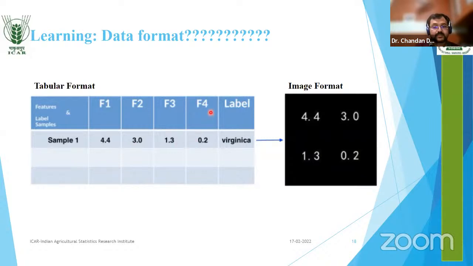So if we think of the classification technique, that is supervised learning, here the last column is used for supervision. That means if we have the column names F1 to F4, and these have values like 4.1, 3.0, and lastly 0.2, and its label is something like Virginica.